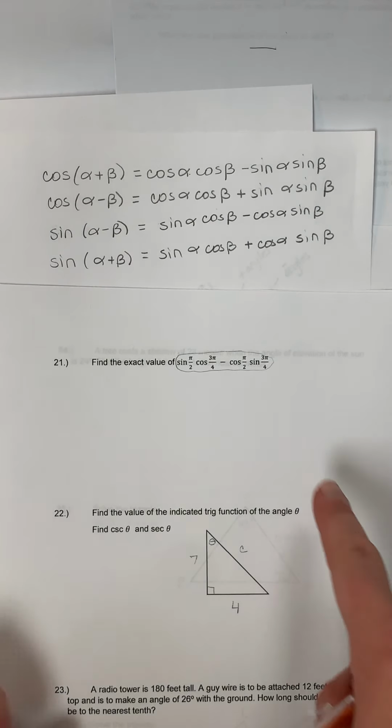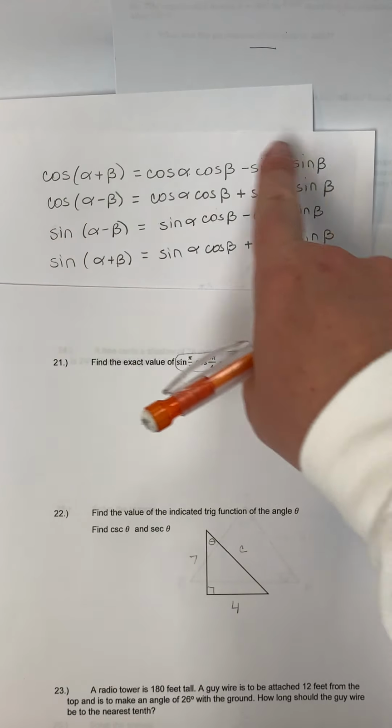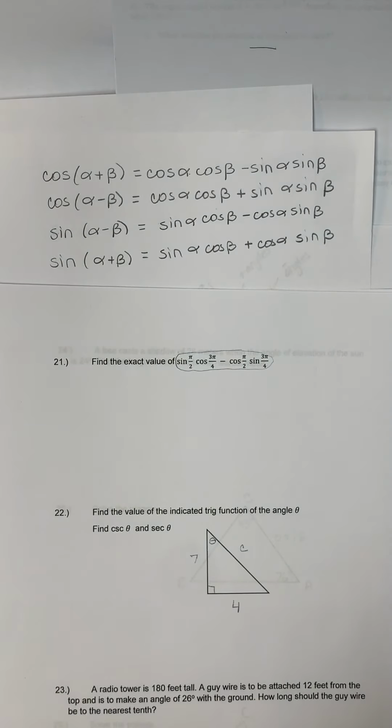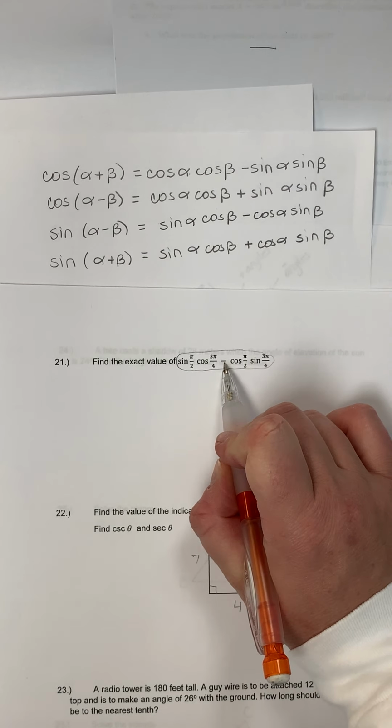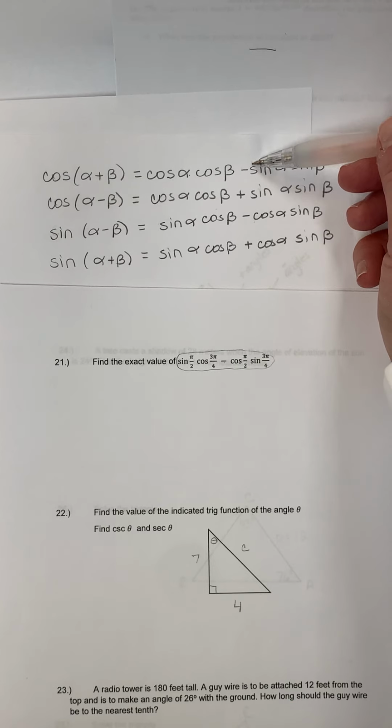So number 21, all they want you to do is match this with one of these. That's the goal. The first thing I see is a minus, which narrows it down to this one or this one.